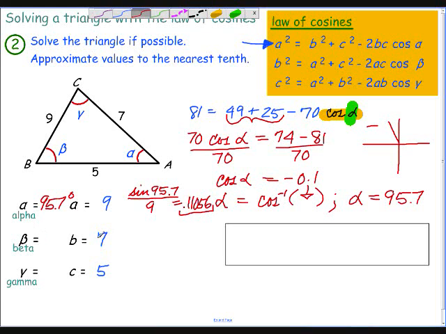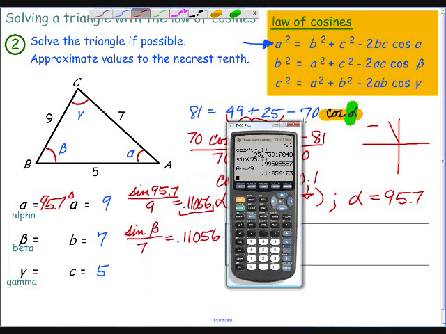This will allow us now to find beta. So we can say the sine of beta, which we do not know, over its opposite side, which we do know, is equal to the law of sines ratio. So in just a moment here, we'll know what the sine of beta is.